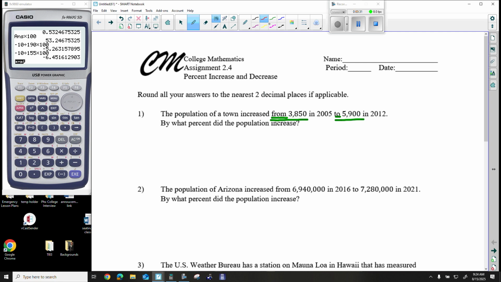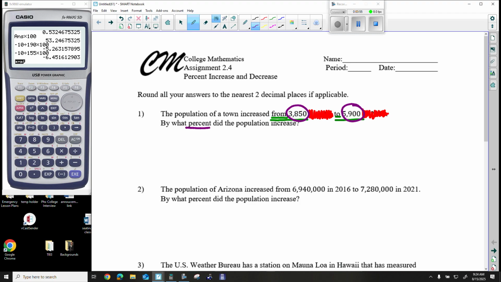Now, if they use the word from and to, don't let the date, the year, confuse you. A lot of times students use that date in a calculation of some sort, which is not relevant. You've got to focus on the actual number that they are speaking of.